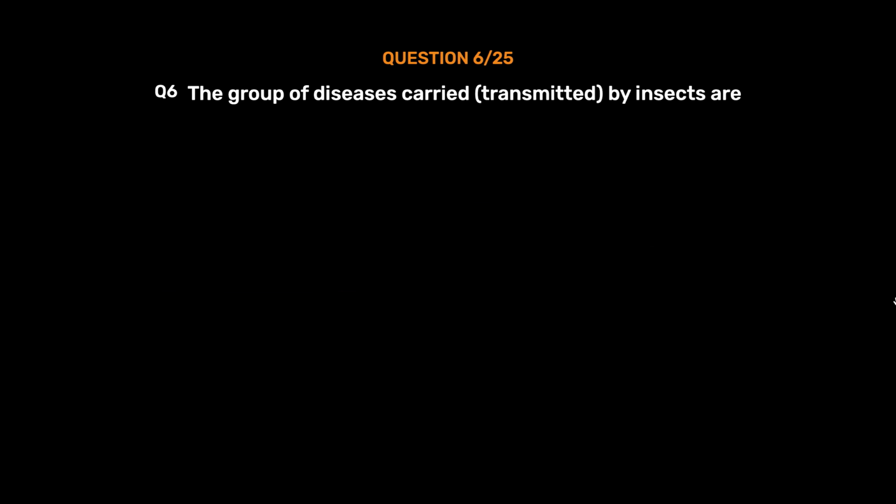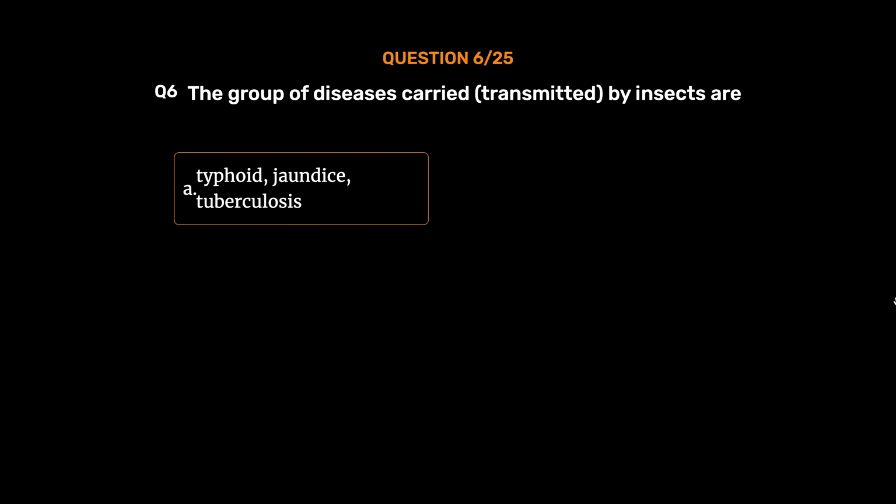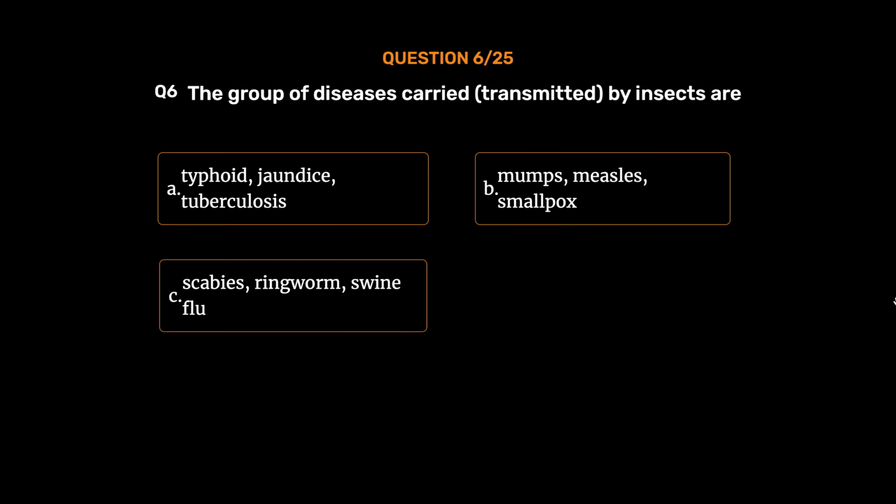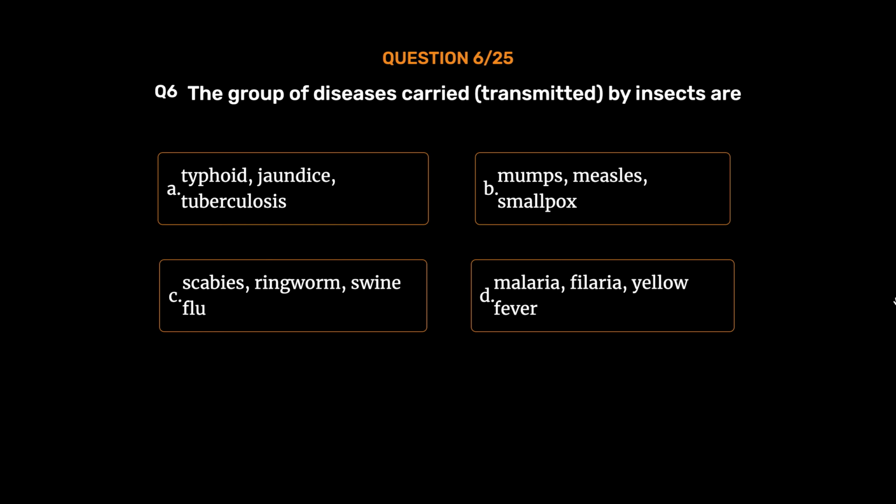Question number 6. The group of diseases carried, transmitted, by insects are. Option A. Typhoid, jaundice, tuberculosis. Option B. Mumps, measles, smallpox. Option C. Scabies, ringworm, swine flu. Option D. Malaria, filaria, yellow fever.